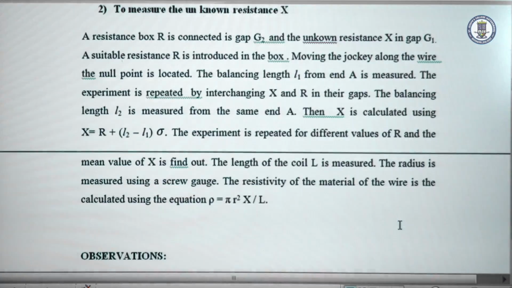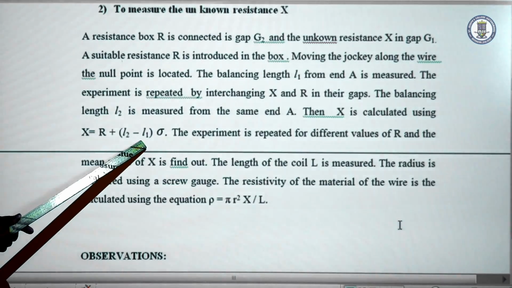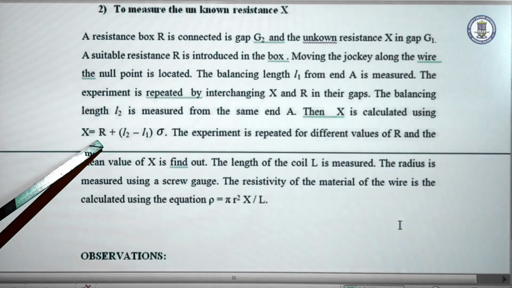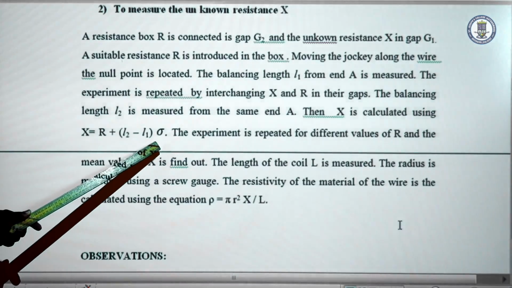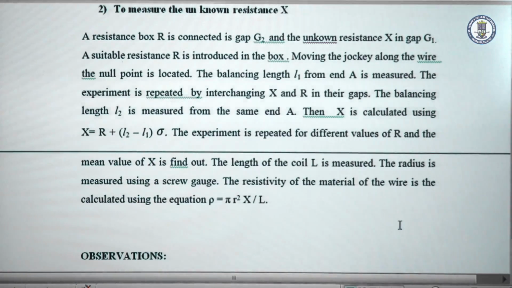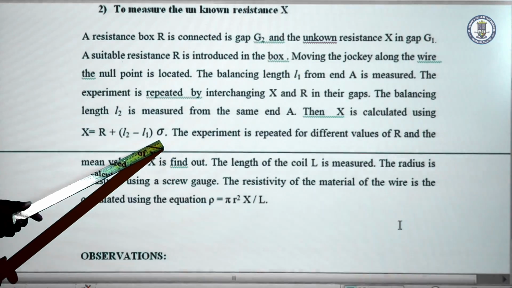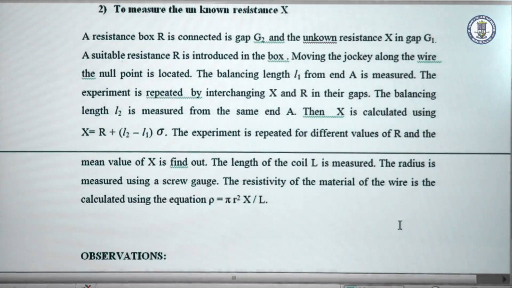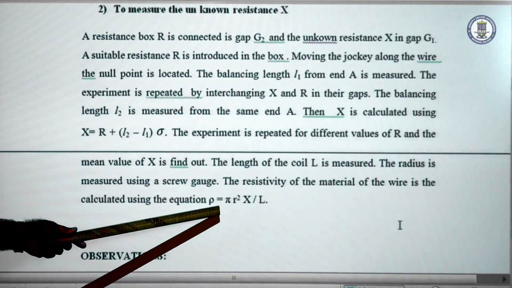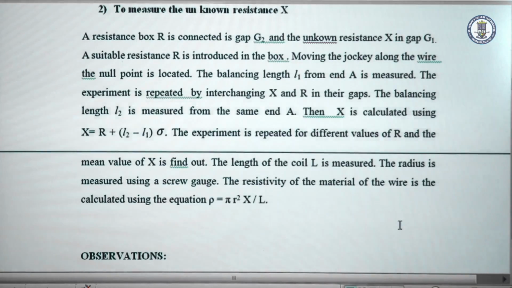Then the unknown resistance is calculated using the formula X is equal to R plus (L2 minus L1) into sigma. Sigma we have already determined. Then, measuring the length of the wire and the radius of the wire using a screw gauge, we can obtain the resistivity, pi r square X by L.